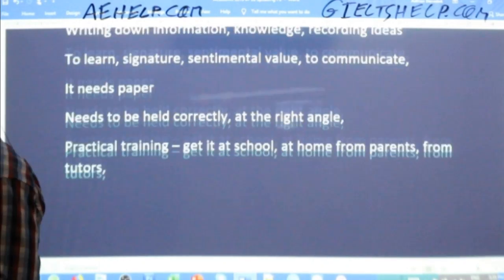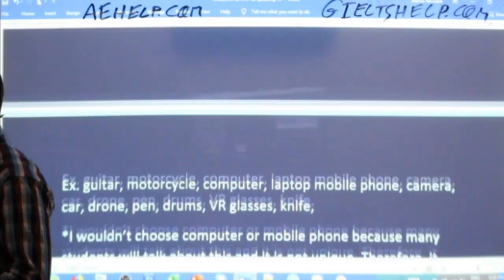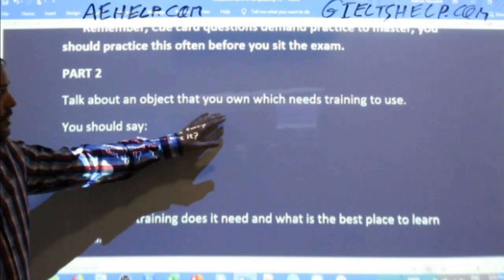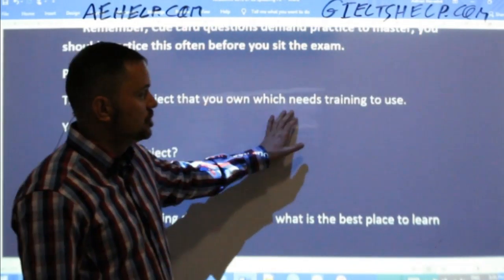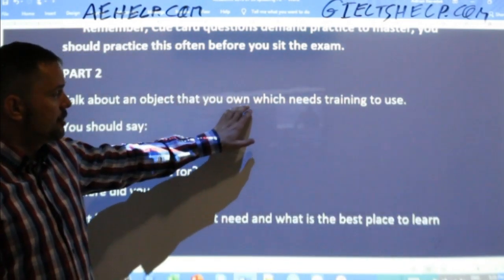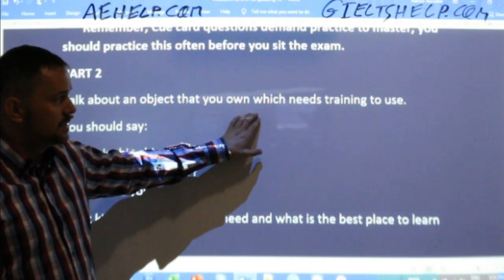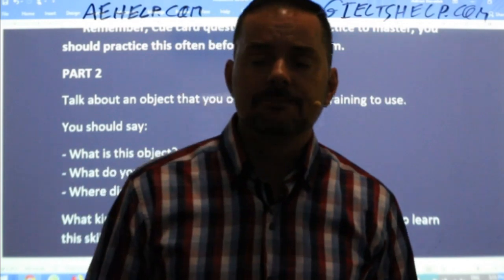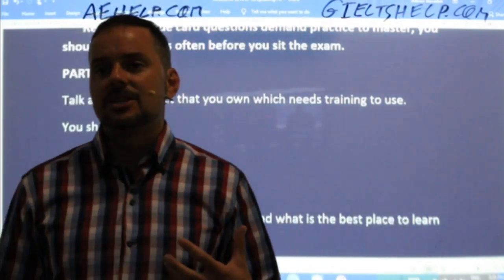Why? Because you're not answering my question directly, or you're not answering the cue card question directly. Talk about an object that you own which needs training to use. Always think about that first topic sentence to give a clear answer. We're not talking about pens in general.